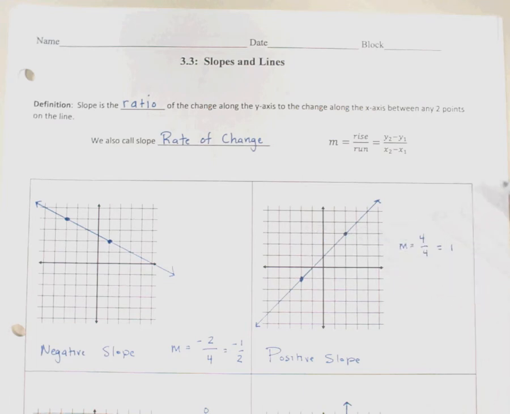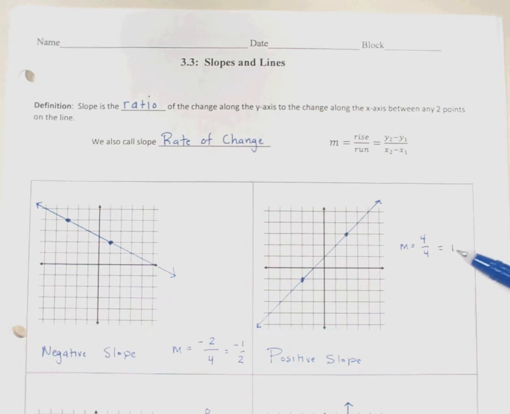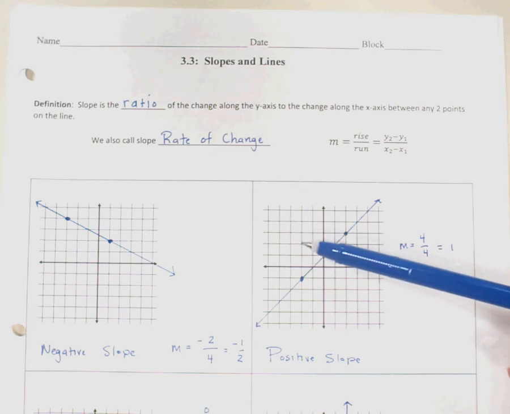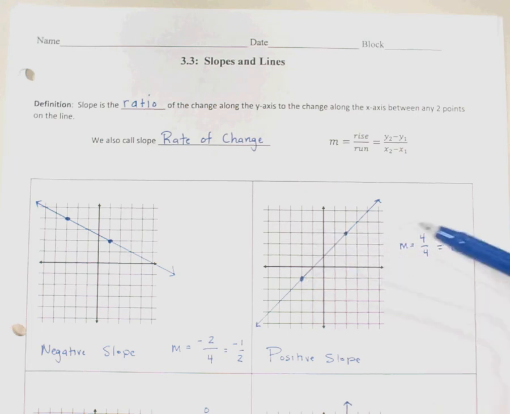Up and right are both positive. 4 divided by 4 can be simplified to equal 1. So notice the slope is positive. Even if I start at the point above and count left 4 and down 4, -4 divided by -4 is a positive 1.